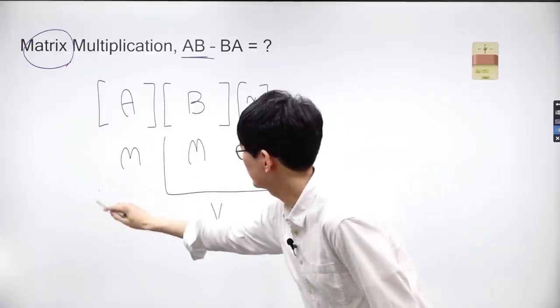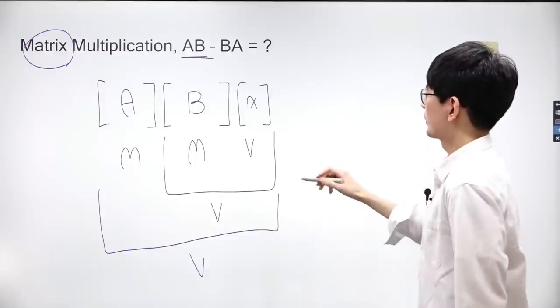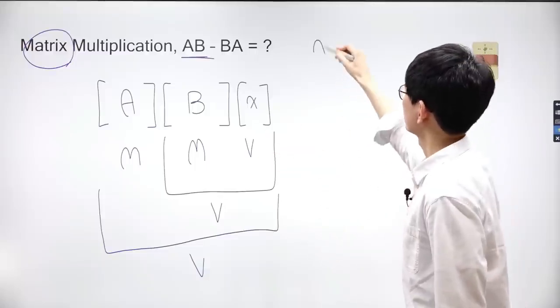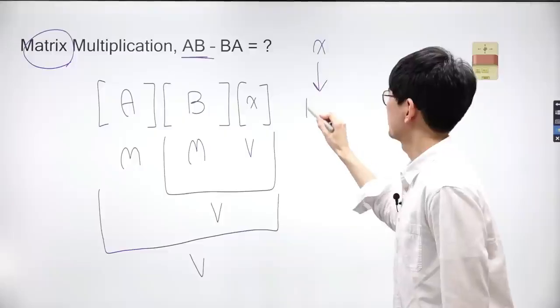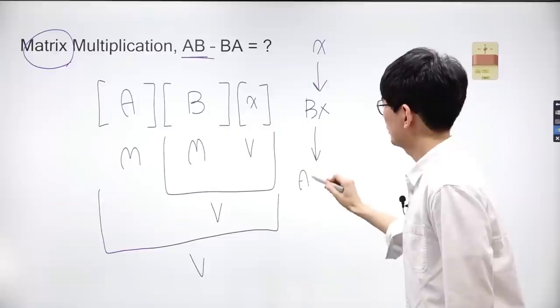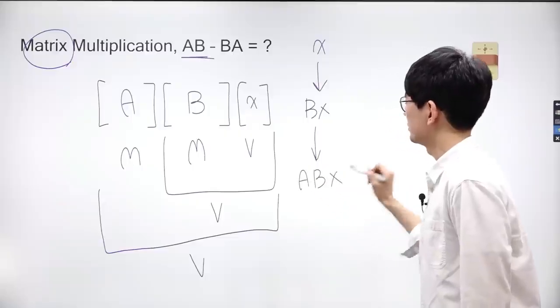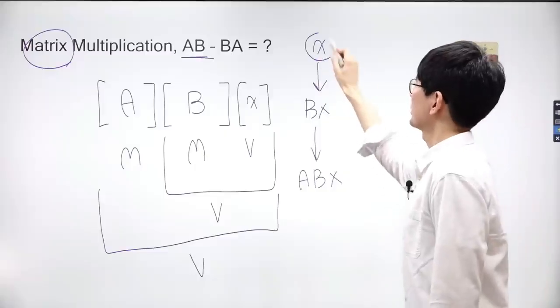Then, we'll multiply matrix A by the product of matrix B and vector x, ultimately yielding another vector. To summarize, we initially had vector x, which we then multiplied by matrix B. Next, we multiplied matrix A by the product of matrix B and vector x.